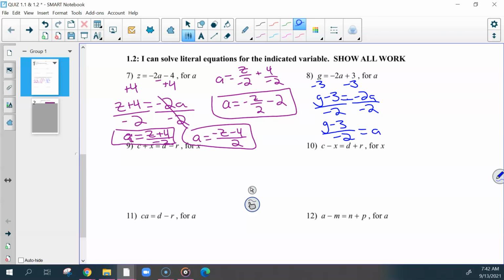So this, or if you distributed the negative, either of those would have been fine. In this case, separating the fraction wouldn't really help you simplify it because 3 isn't divisible by 2.